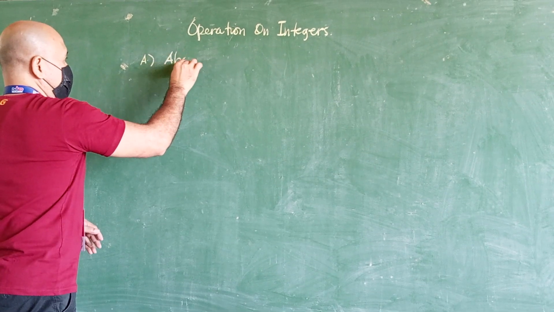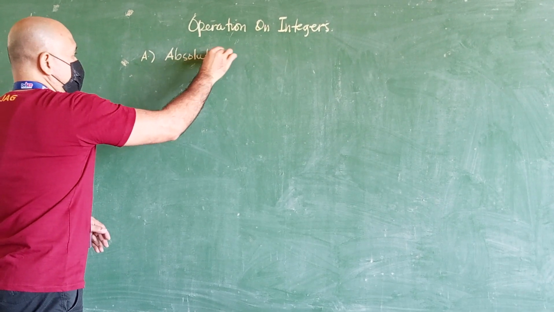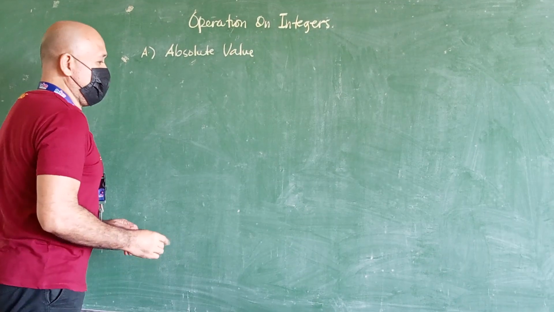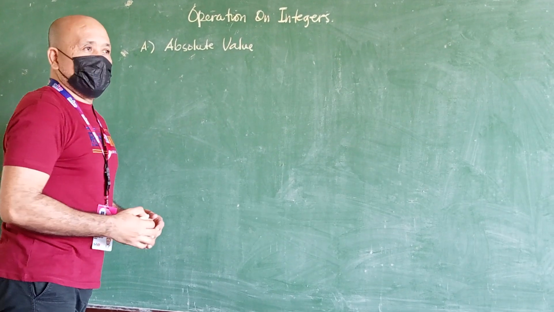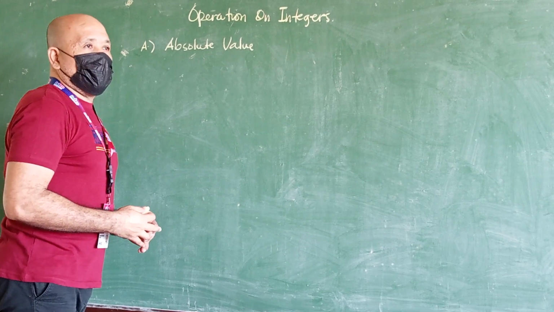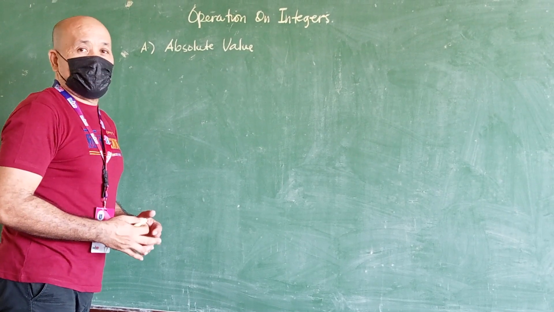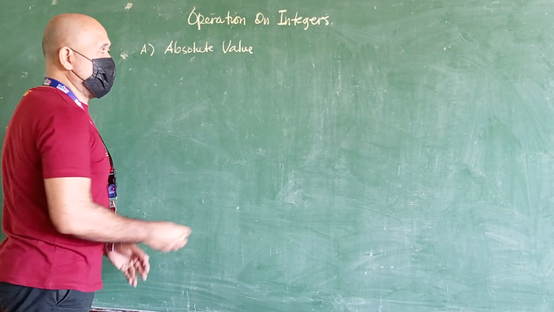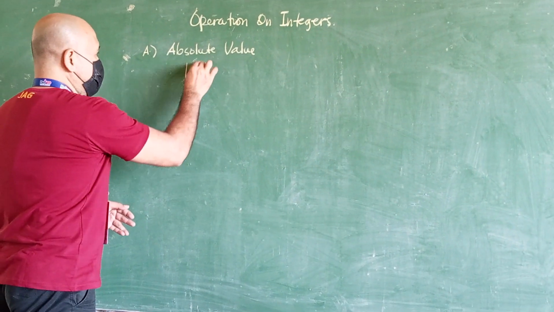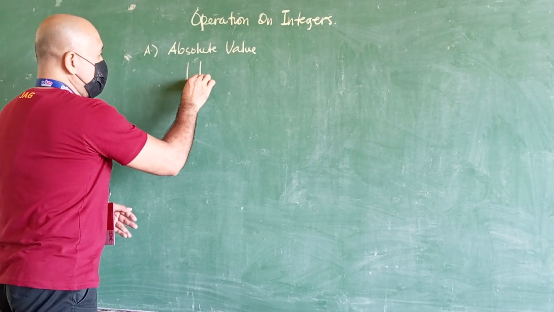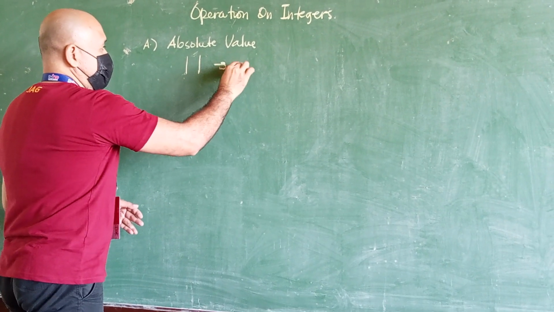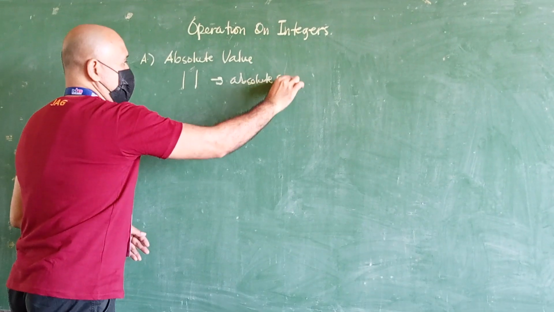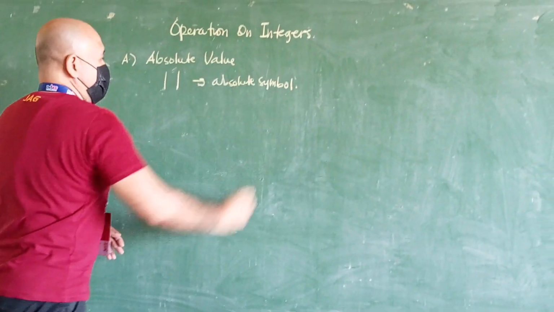First, you have the absolute value. The purpose of the absolute value is for you to express all numbers as positive or zero only, without any negative signs. For example, with the use of this symbol, read as absolute value.